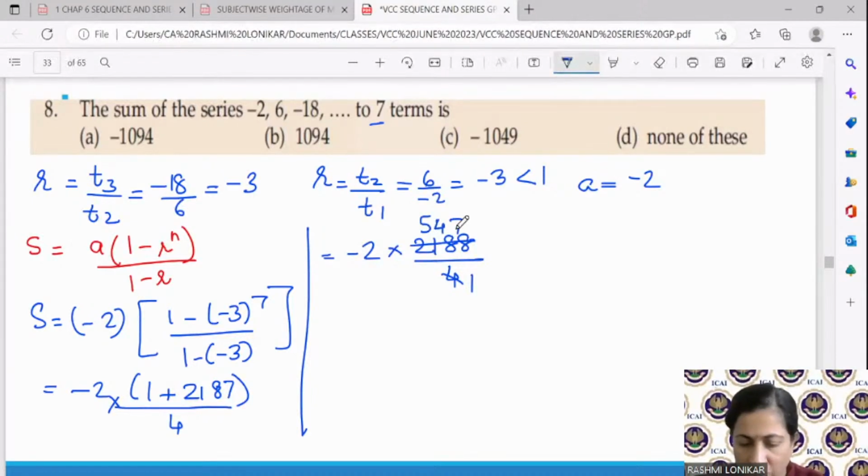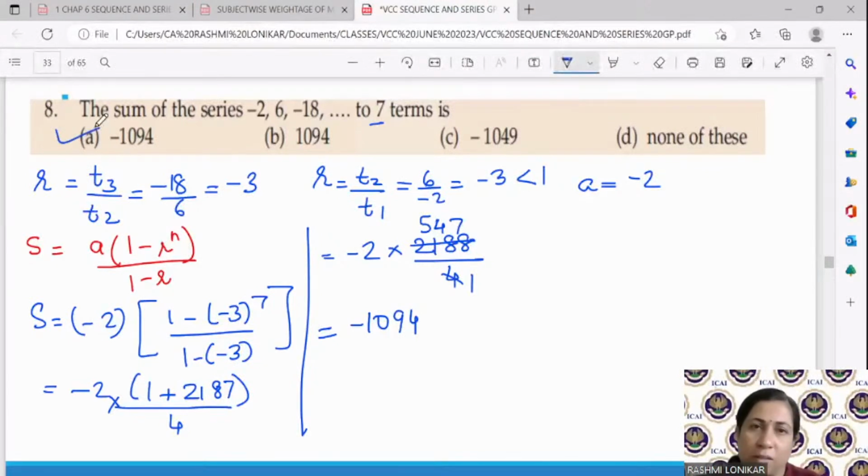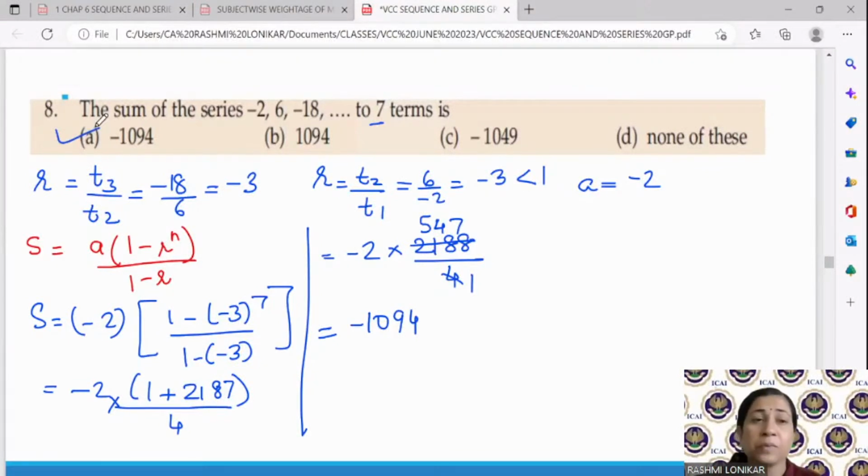So 547 into 2, which is equal to minus 1094. So A will be the correct answer. Clear?